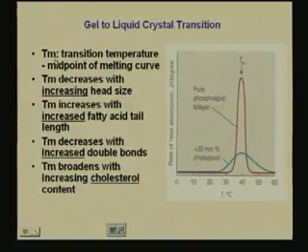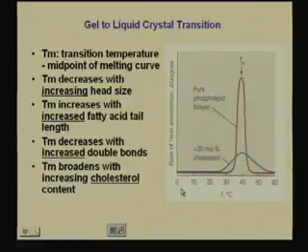It is sort of a melting point, a melting curve that we get, and the midpoint of this melting curve is going to be the transition from the perfectly ordered form to a disordered form. Now, we are going to look at the features that are going to result in differences in this transition temperature.